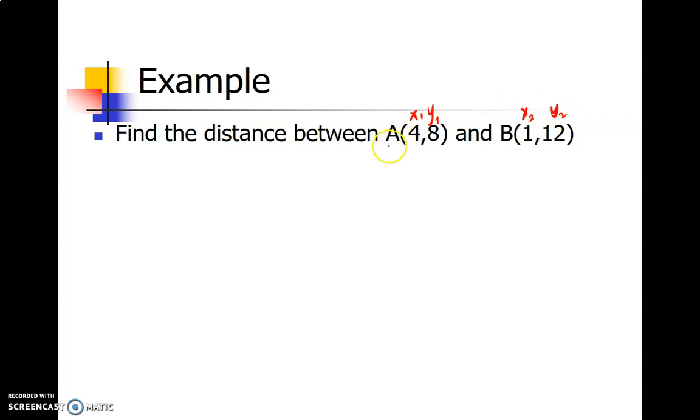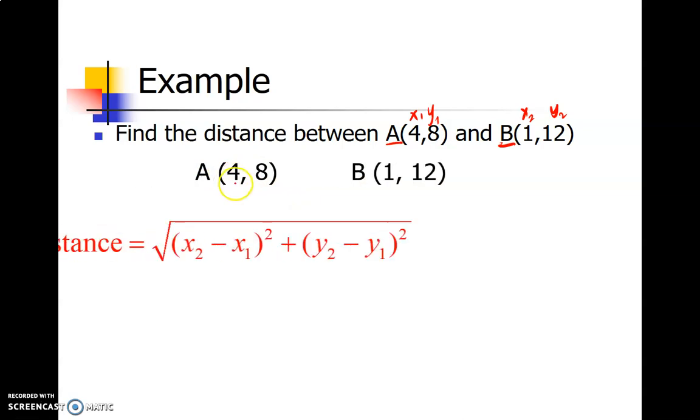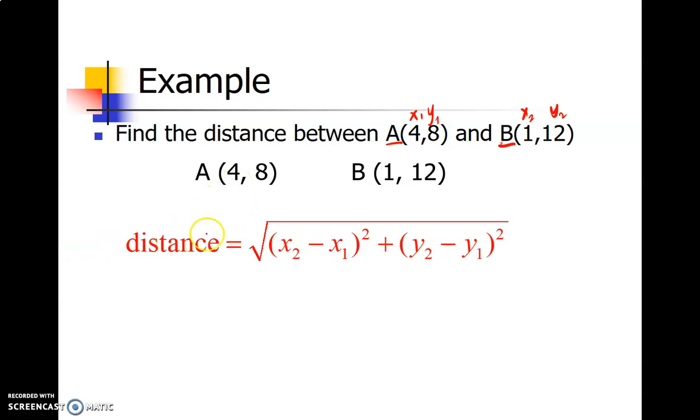So this one is point A and point B. Using the distance formula, A is point 1, B is our point 2, therefore we can use this formula. Distance is equal to the square root of x sub 2 minus x sub 1 squared plus y sub 2 minus y sub 1 squared.